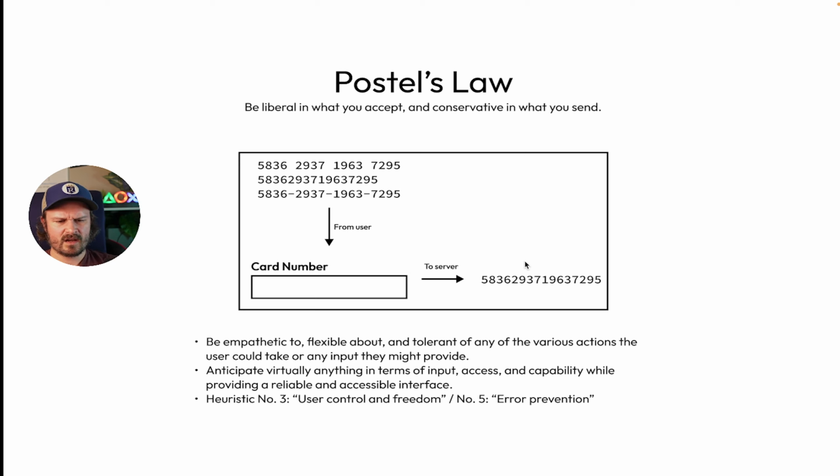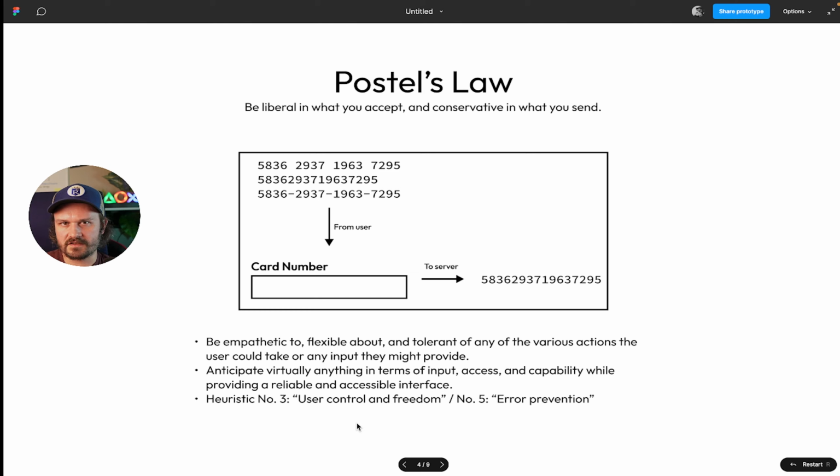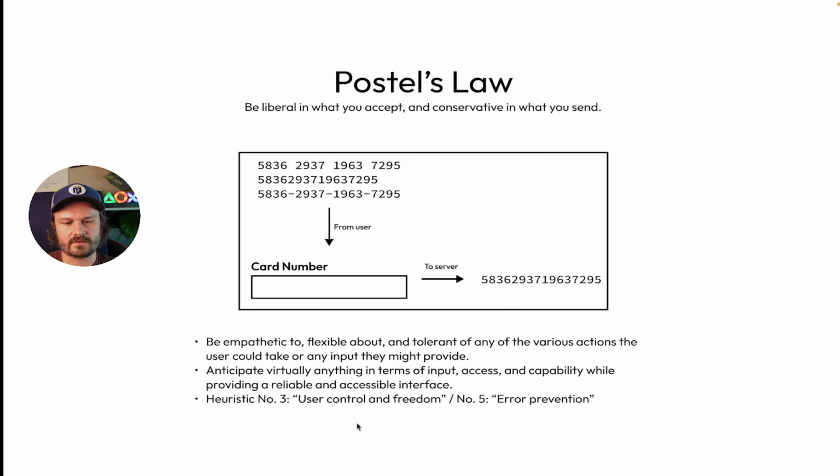And so reading these bullet points toward the bottom, you want to be empathetic to, flexible, and tolerant of any of the various actions the user could take or any input they might provide. You want to anticipate virtually anything in terms of input, access, and capability while providing a reliable and accessible interface. And this ties heavily into user experience heuristic number 3, user control and freedom.